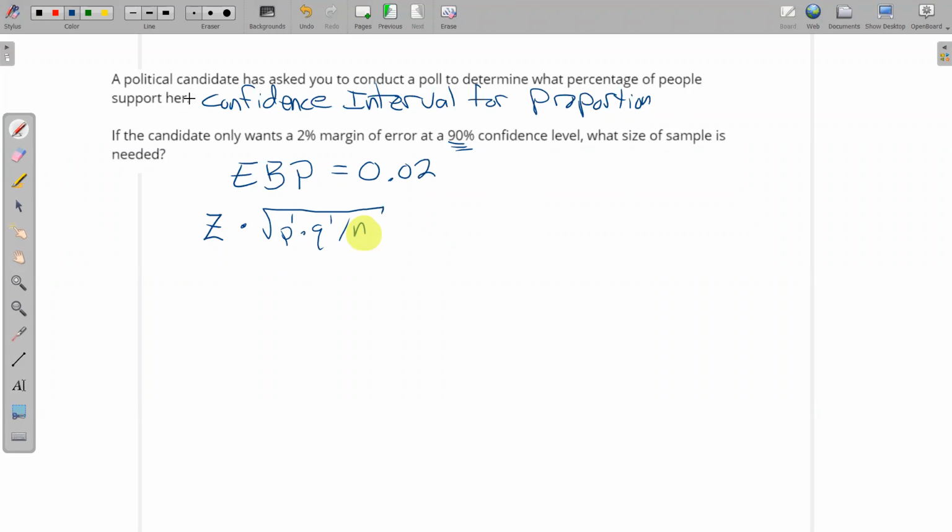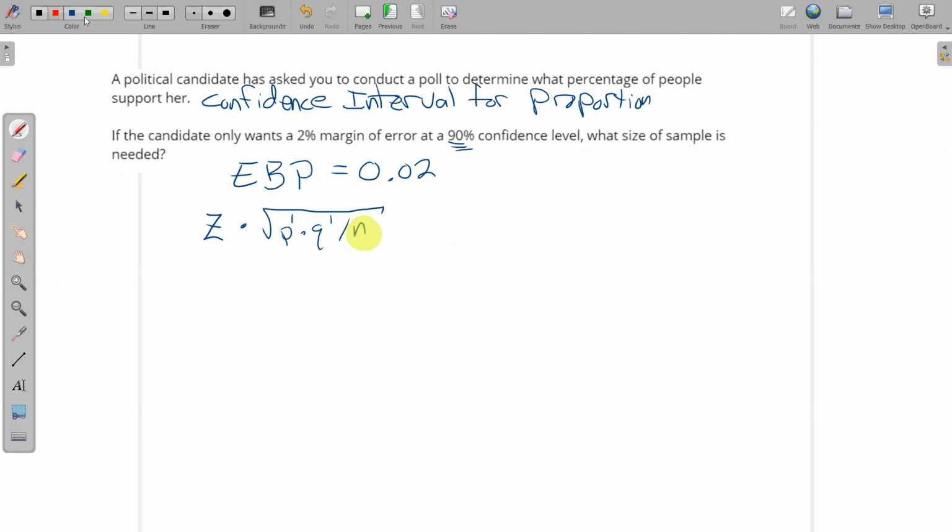Now, also up here, we don't actually know what the sample proportion is. So we have to guess, and the rule is if you don't have a previous thing to go on, like, oh, we thought it was like 40%, or we thought it was 80%, then you just say, okay, let's let it be 50%.